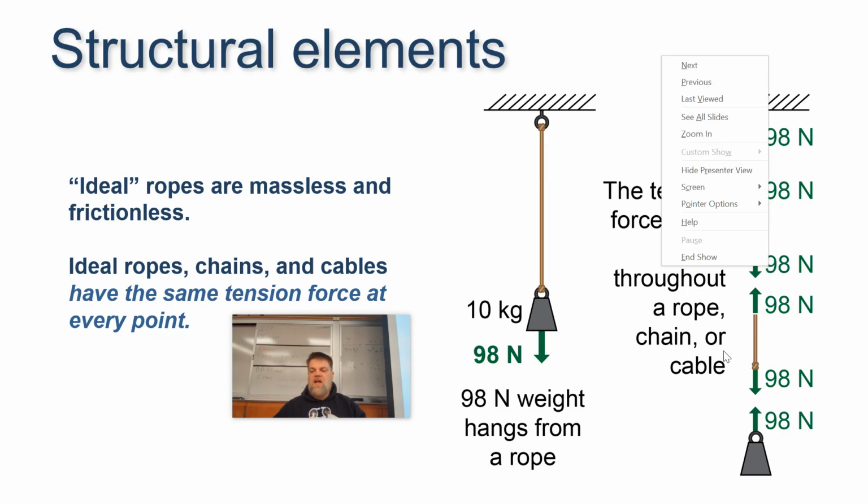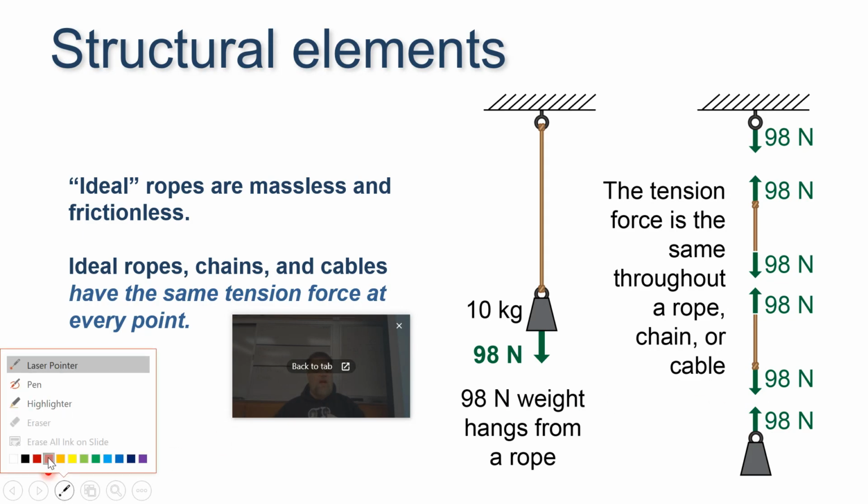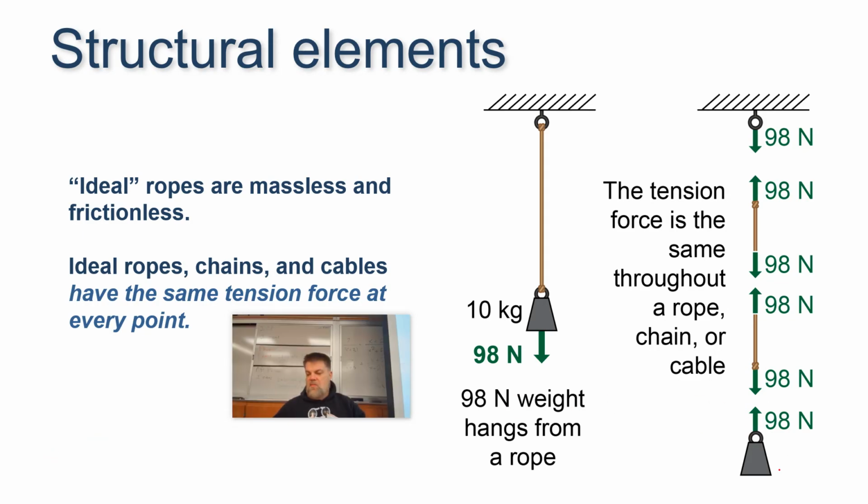Then if you go to the other connection, where it's connected to the weight, it's being pulled up 98 newtons and being pulled down 98 newtons. The weight itself is being pulled up by 98 newtons, but it's also being pulled down 98 newtons. So this is technically being transferred all the way up here.